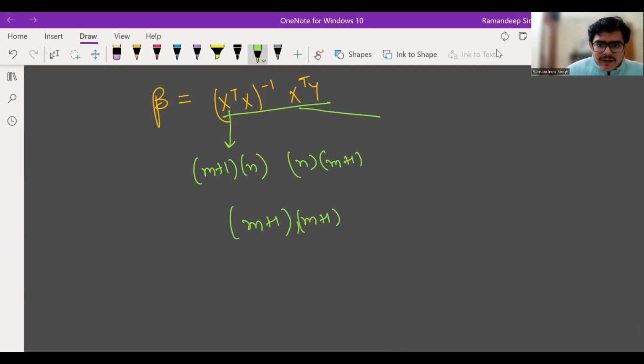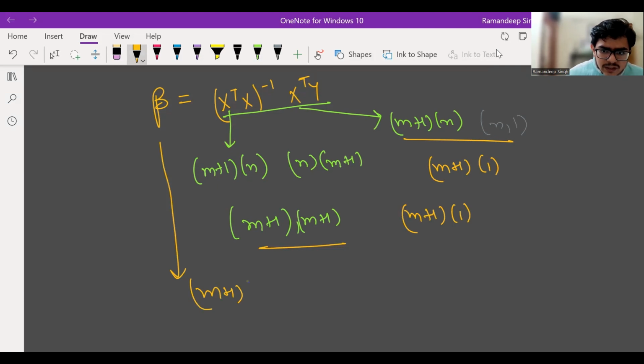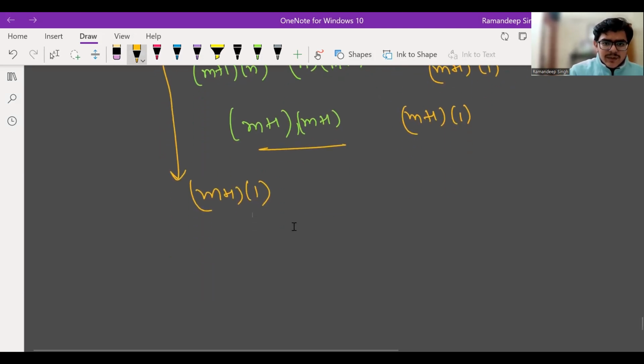Now, if I multiply X transpose, that is M plus 1 into N, with Y, and the Y matrix has N rows and one column, the shape of this multiplication would be M plus 1 into 1. When I multiply these terms, I will get the beta, which is of the shape M plus 1 multiplied by 1.